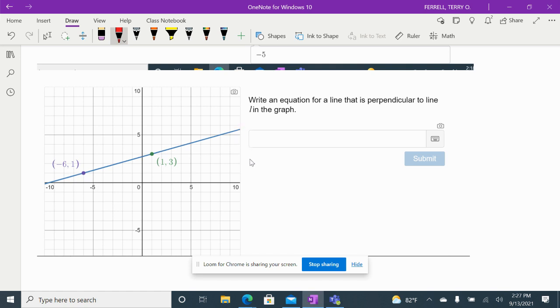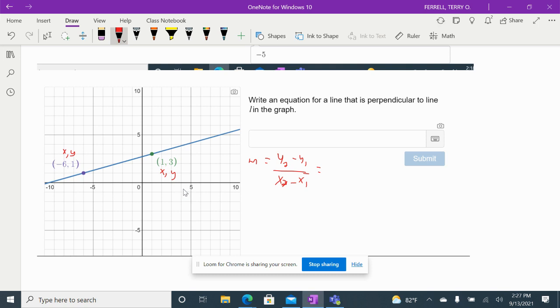So I'm going to use m equals y2 minus y1 over x2 minus x1, subtracting the y values over subtracting the x values. All right, and this flashing is aggravating me. Anyway, this is x and this is y. It doesn't matter the order.